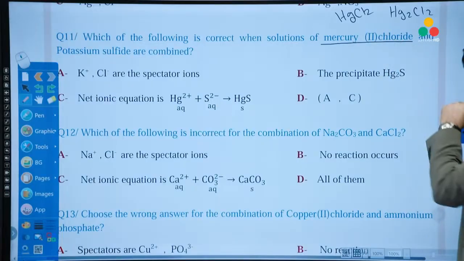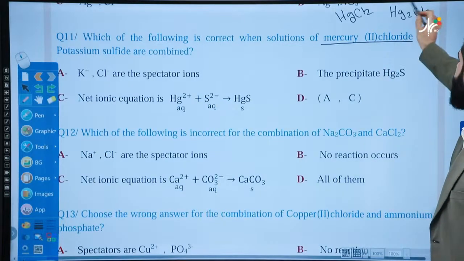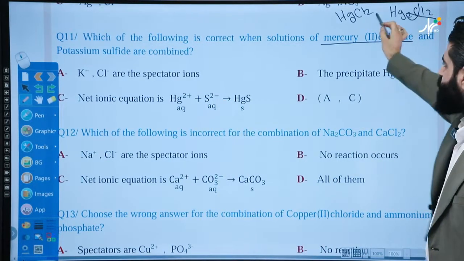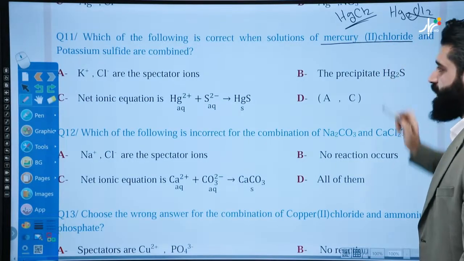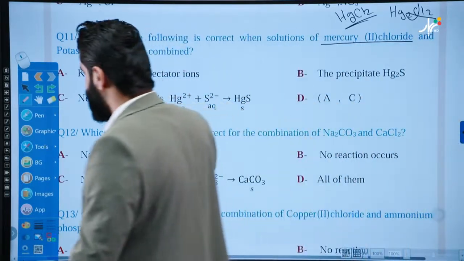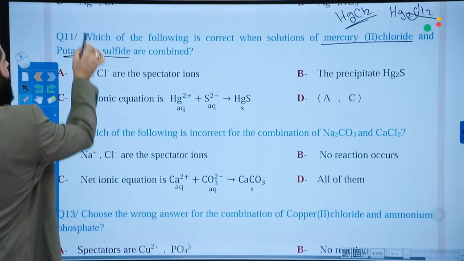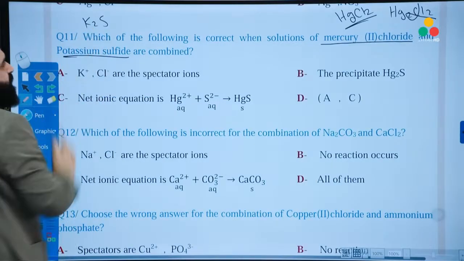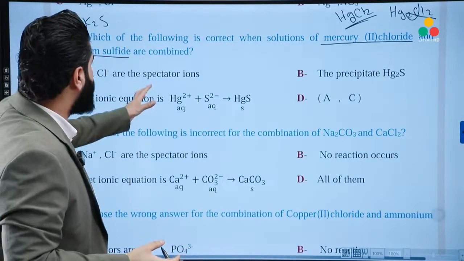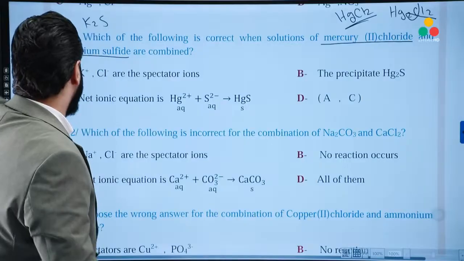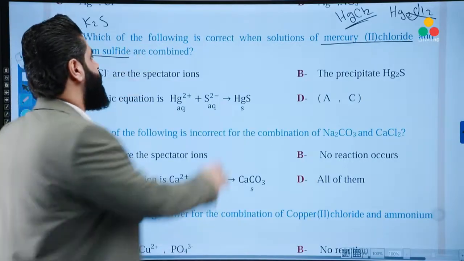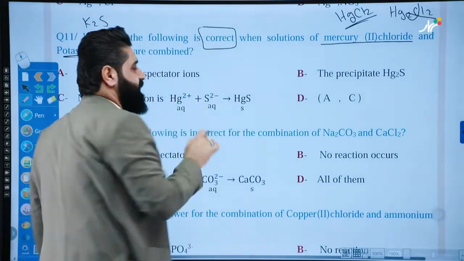Hg2Cl2 or HgCl2? Be careful. This is mercury mono, which is incorrect. This one is mercury dichloride, mercury(II) chloride, and potassium sulfide, which is K2S. So if we combine them, which of the following will be correct? I'm looking for the correct answer again.